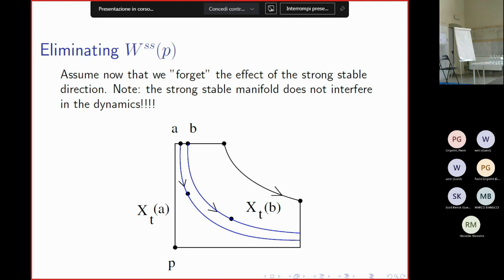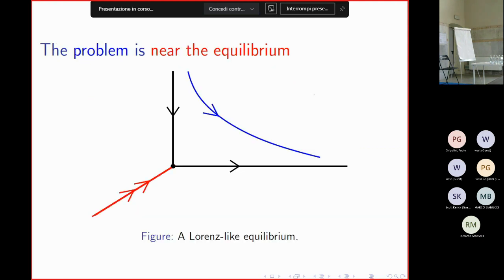You can prove that if you have a flow whose singularity is Lorentz-like, in the sense that the eigenvalues are just like this, then this line, the line where the flow goes in this direction, is not contained in the attractor in some sense.